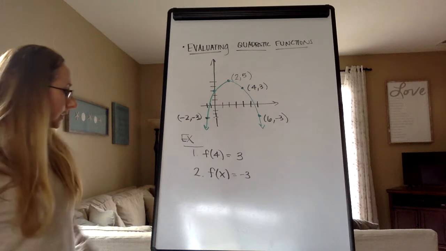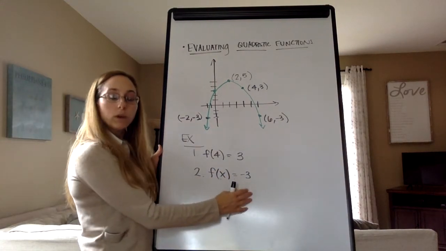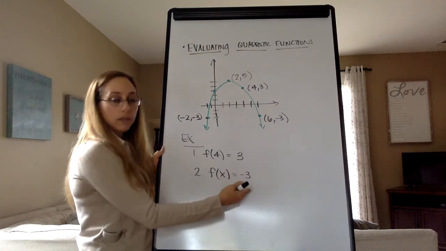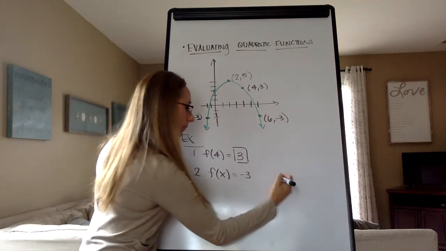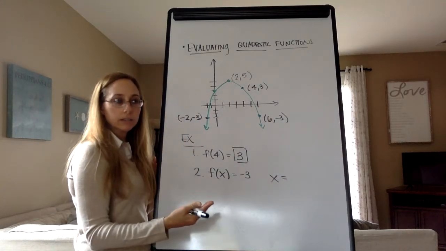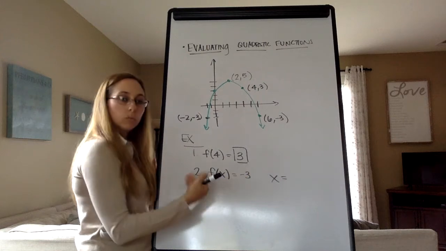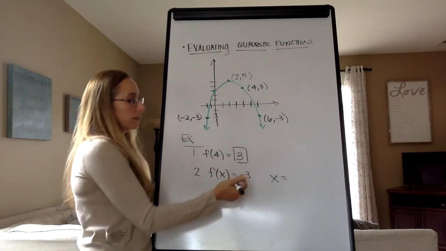So f of x is equal to -3. So your y value is -3. What values of x give you -3 for y? So when y is -3, what are the values of x? Your output is -3. What are your inputs? What can you put into your function in order to get an output of -3?